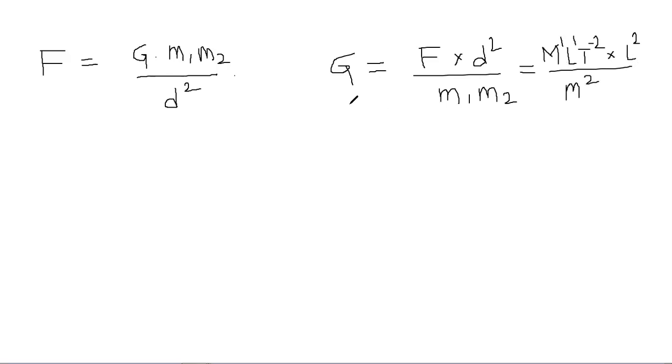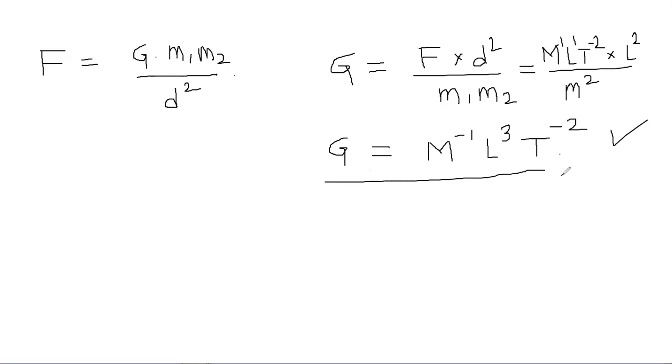Further we can solve it as M raised to power minus 1, because this will come to the numerator, L raised to power 3, because 1 plus 2 is 3, and T raised to power minus 2, right? This is the basic dimensions for your gravitational constant.